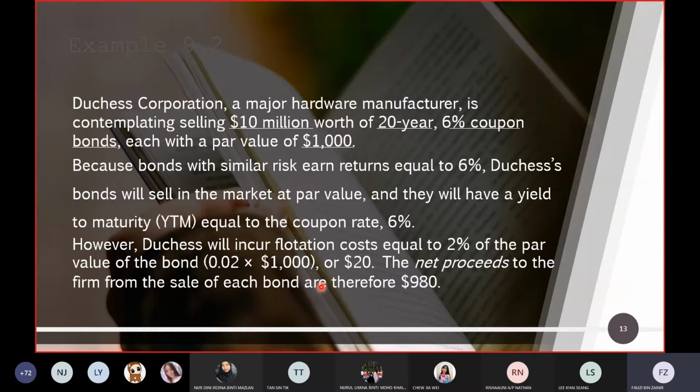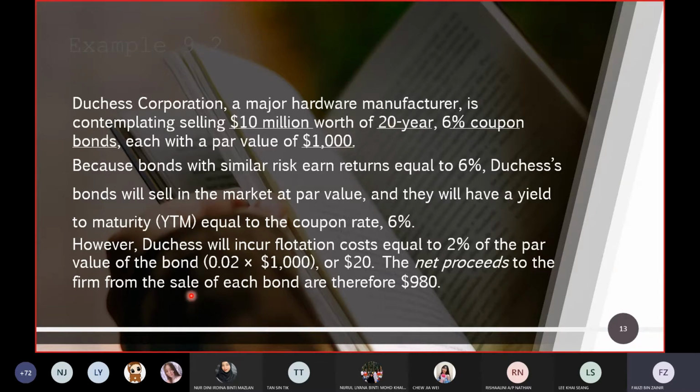$980. So that means Duchess wanted to issue new bonds, but there is a catch. When they issue new bonds, these are the terms: the bond amount is $10 million, issued at a par value of $1,000 with a 6% coupon rate, and the length of the bond is 20 years.